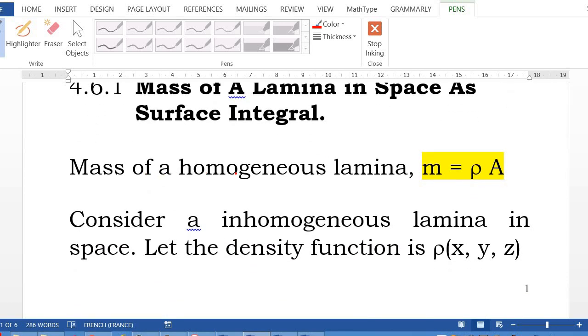Let the mass of a homogeneous lamina be M equals rho multiplied by A, because a lamina is a thin sheet that consists of area only, without volume. If you have an inhomogeneous lamina in 3D space, let the density function be rho(x,y,z). Inhomogeneous means it is not constant density; the density depends on the function of x, y, z.